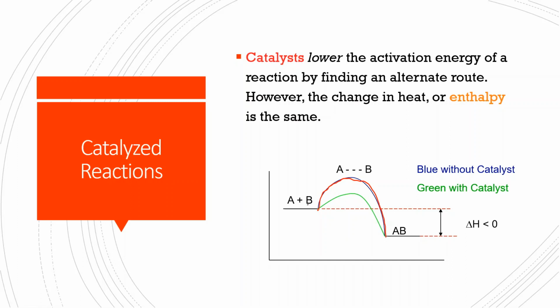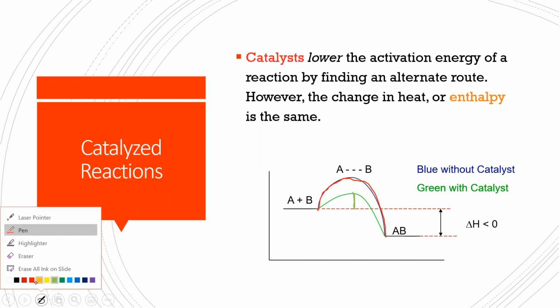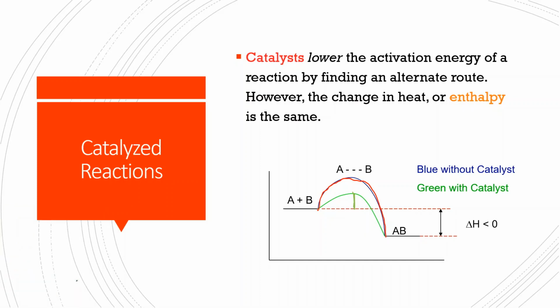So we can see that the activation energy for the green line is going to have that value, and the activation energy for the blue/red line is going to have that value.